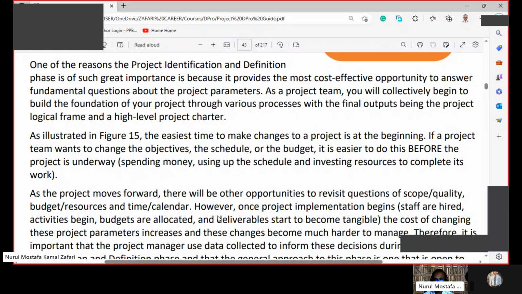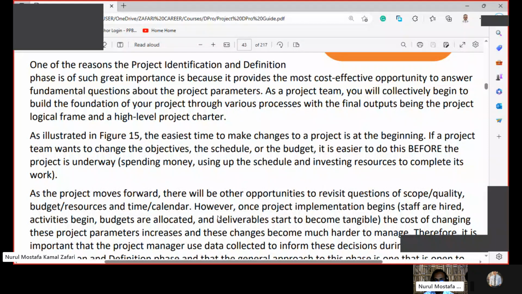However, once project implementation begins, staff are hired, activities begin, budgets are allocated, and deliverables start to become tangible, the cost of changing these project parameters increases, and these changes become much harder to manage.